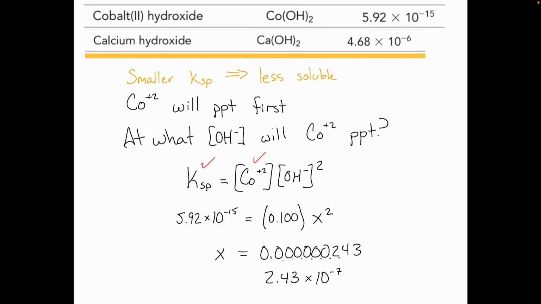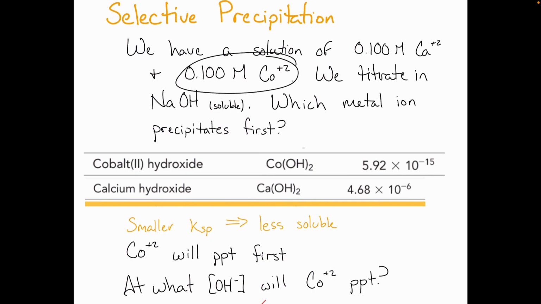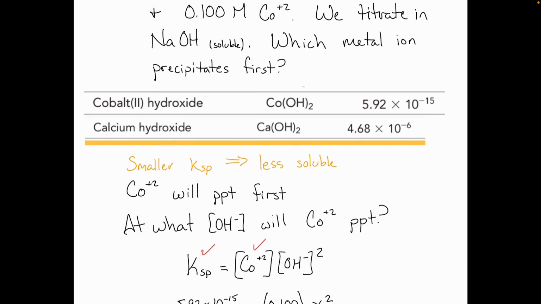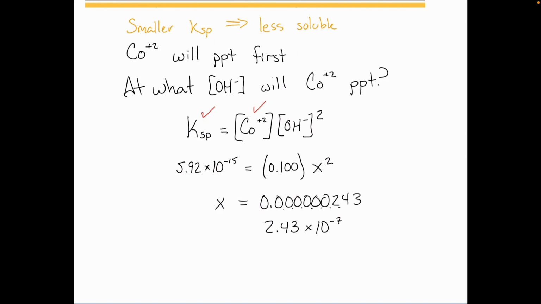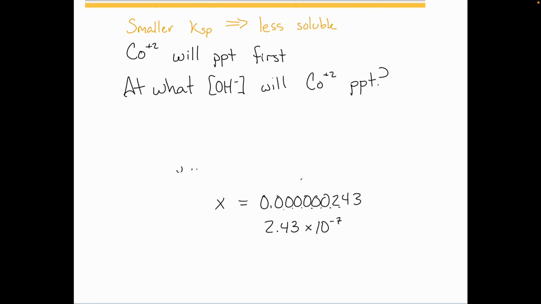How did I get that? Because that was what was given in the problem. All right, so that is my concentration of hydroxide when cobalt precipitates.